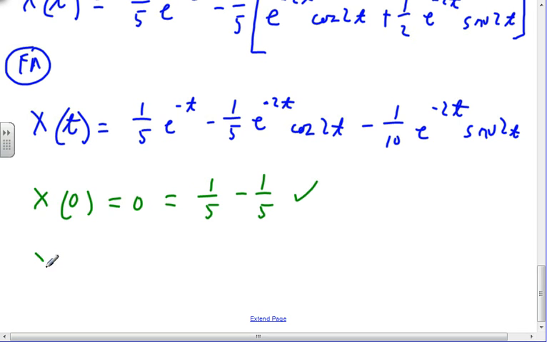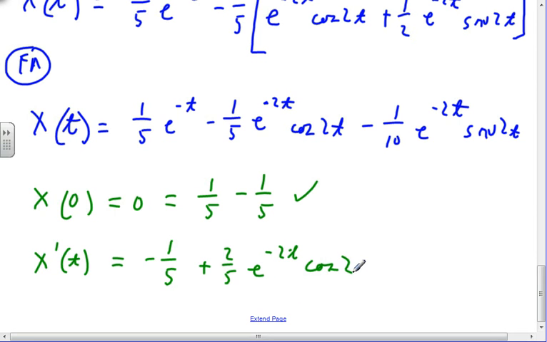X prime of t is minus 1/5 e to the minus t plus 2/5 e to the minus 2t cosine 2t plus 2/5 e to the minus 2t sine 2t, because it's minus, but the derivative of cosine is going to be minus, so it's going to be positive.